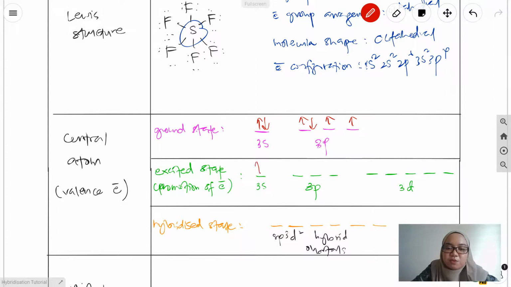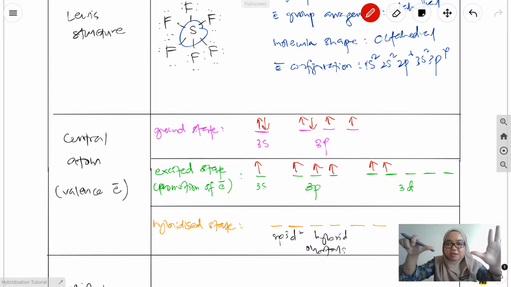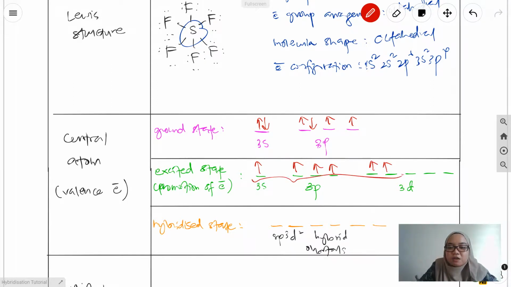So that means we have 1, 2, 3, 4, 5, 6. So all of these will mix together to form 6 sp3d2 hybrid orbitals with 2 empty 3d orbitals. Okay, so all these hybrid orbitals will be used to form a sigma bond with fluorine.